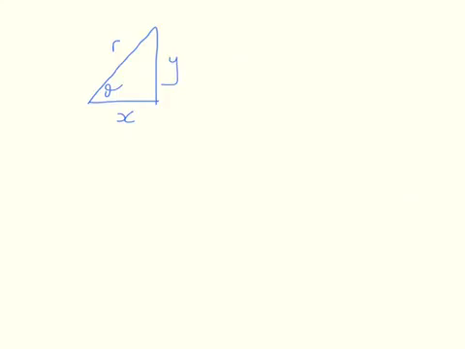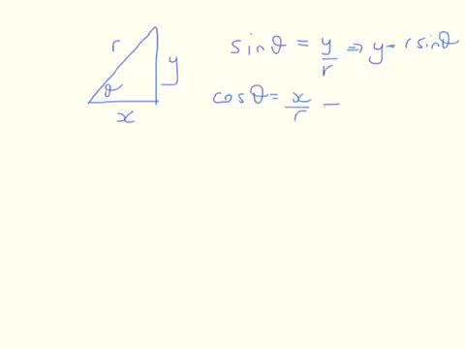Just redrawing the triangle from the previous slide. There's my triangle there. If I have a look at what sine theta equals, that's going to equal y on r, which in turn tells me that y equals r sine theta. If I do the same thing for cos theta, that equals x on r, which tells me that x equals r cos theta.